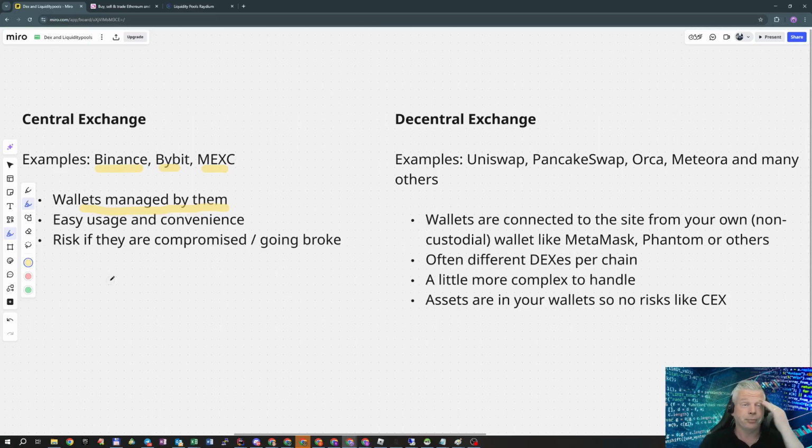It also has some negative points, like there are some risks on a central exchange. For example, if they are compromised, like what happened to Bybit in February 2025, some of the wallets were drained and they stole like $1 billion. But anyway, if you have your own wallet, you can also get compromised if you're not secured enough. And of course, there could be mismanagement within that central exchange and they just go broke, like FTX did.